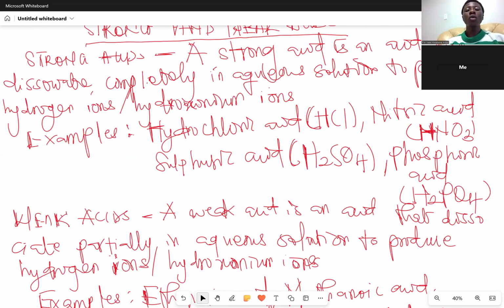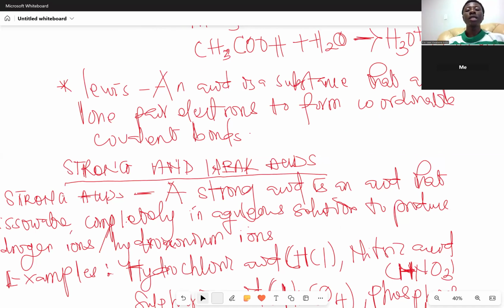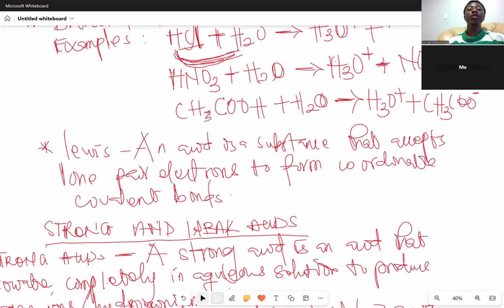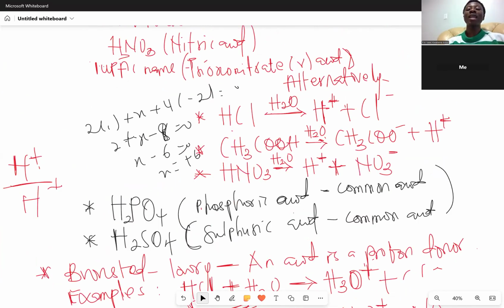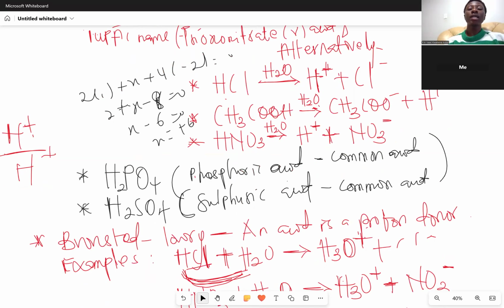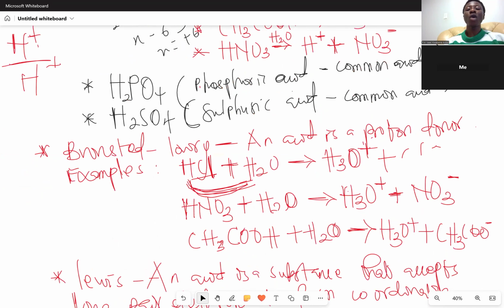I also helped you with examples under each scientist's definition, so you have a clear view of what he explained. I told you in the exam they can ask you to define an acid according to someone with an example. So we did that.